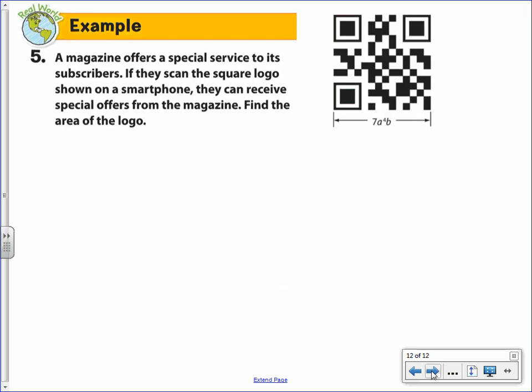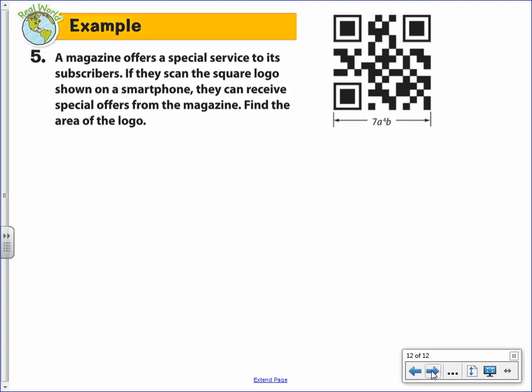Finally, it says a magazine offers a special service to its subscribers. If they scan this square logo on a smartphone, they can receive special offers from the magazine. They want to find the area of the logo. Now on your FSA, they're not going to give you the formula for area of a square, for area of anything. You have to know that area of a square or a rectangle is length times width.